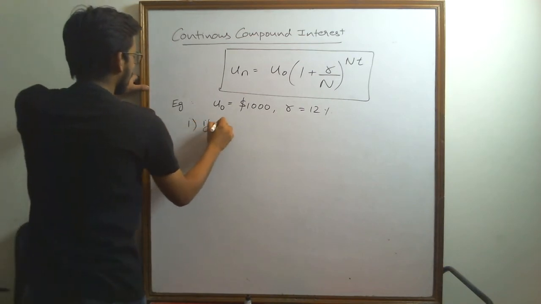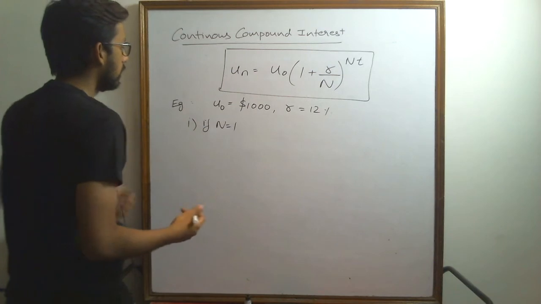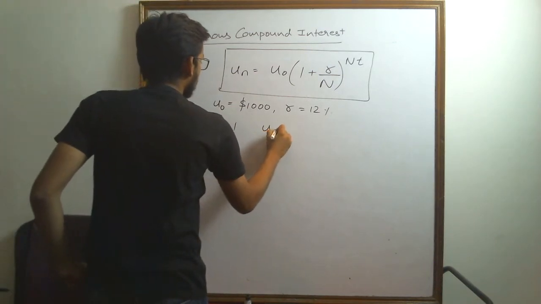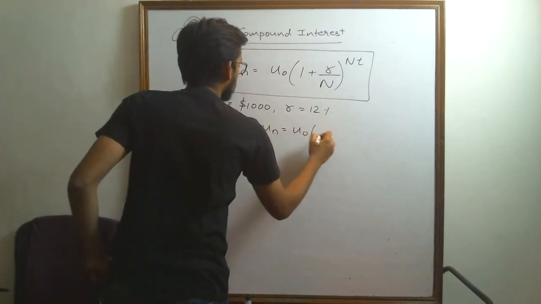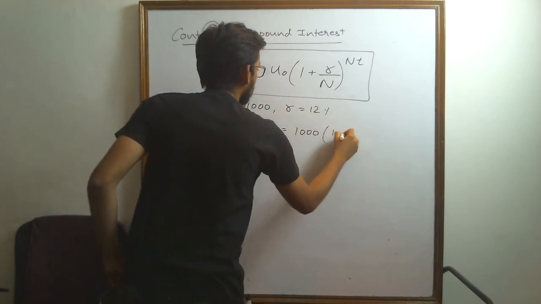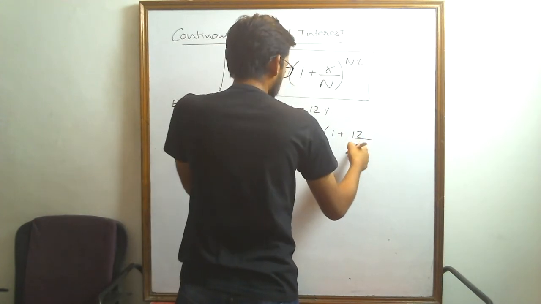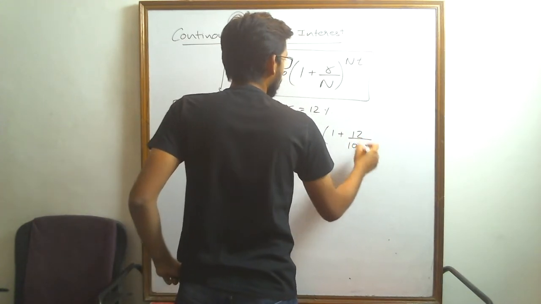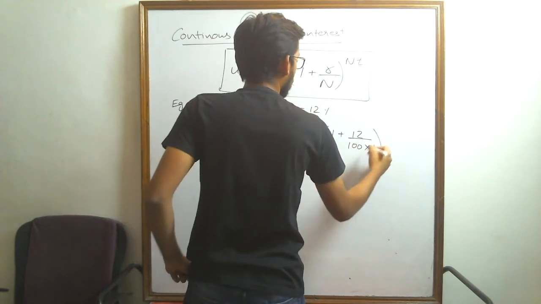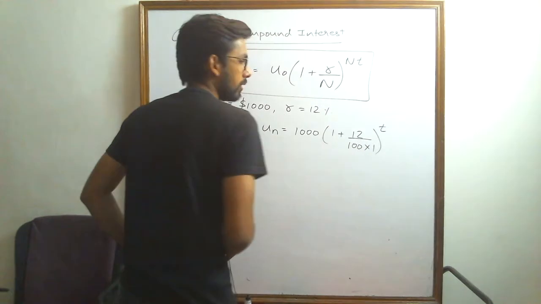if capital N is equal to 1, that means interest is compounded yearly, Un is equal to U naught into 1000 into 1 plus 12 upon 100, 12%, into 1 as capital N is 1, to the power capital N into t, so only t.